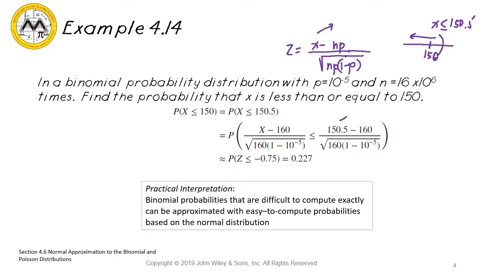That would be 150.5 minus np over the square root of n times p times (1 minus p). Solving for the probability, it would be 0.227.